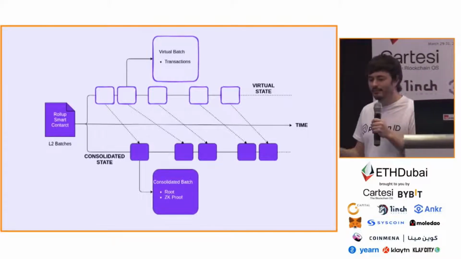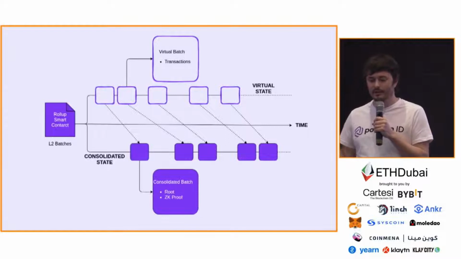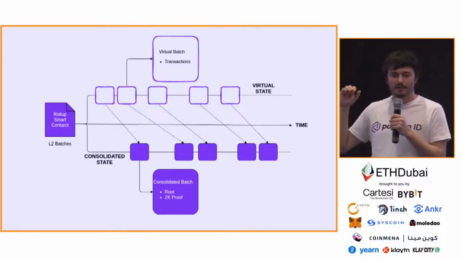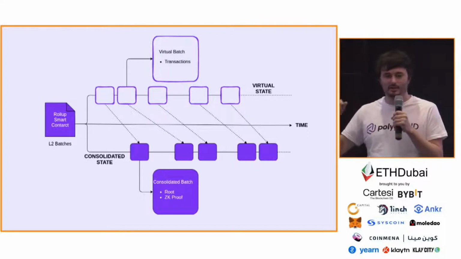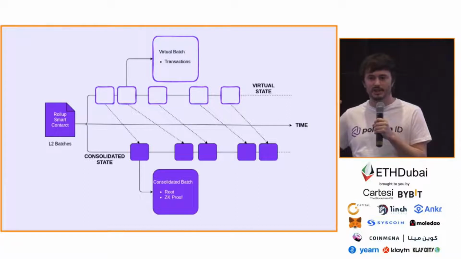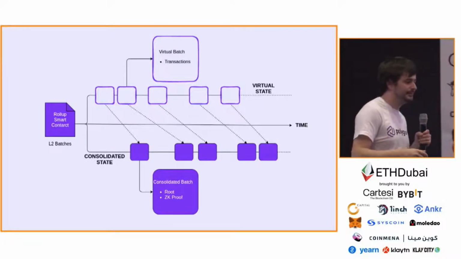Now the smart contract in this protocol needs to manage two different states. The virtual state, which is just the list of transactions, and the consolidated state, which adds the root, proving the outcome of processing the transactions in the virtual batches.